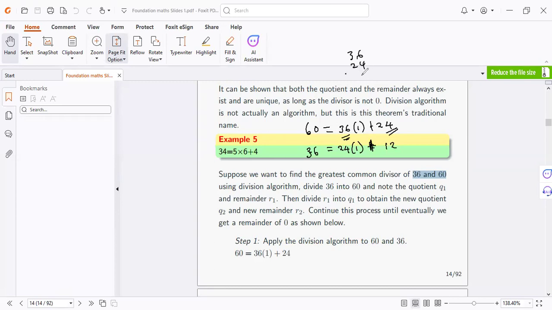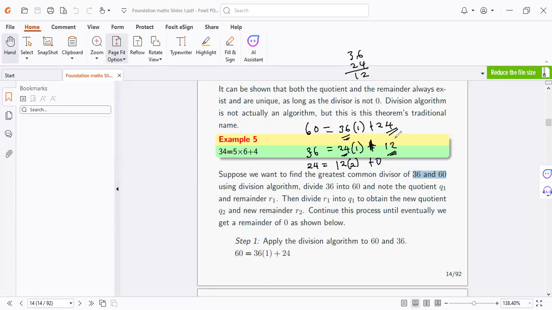Then I ask myself, how many times does this remainder go into 24? I can see that it goes there twice, and the remainder is 0. So we have done the division algorithm, continuous division until we have a remainder of 0.